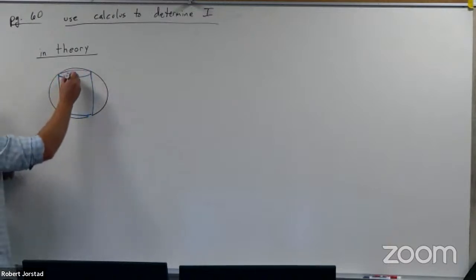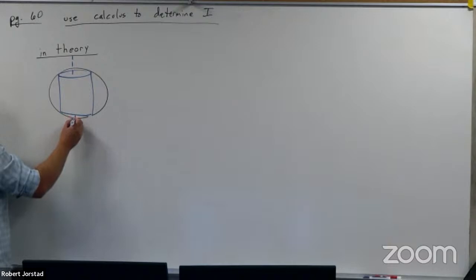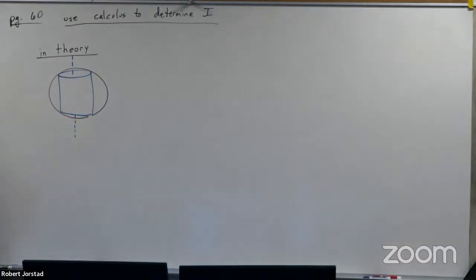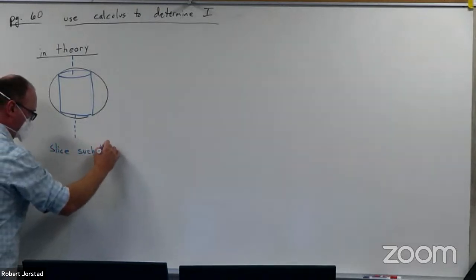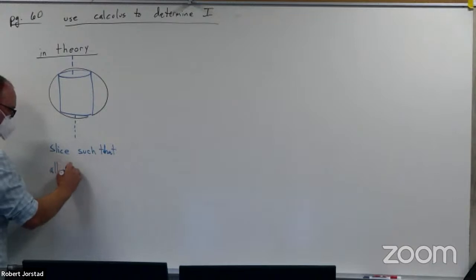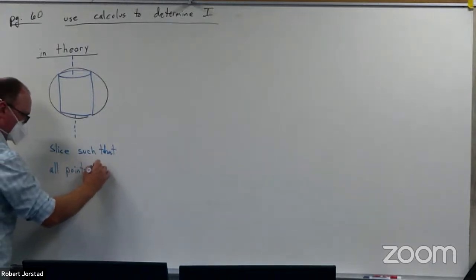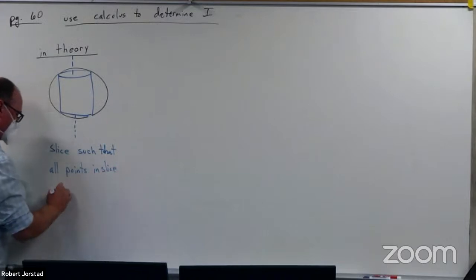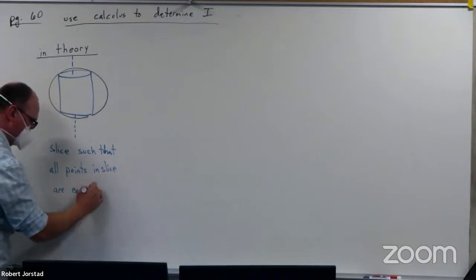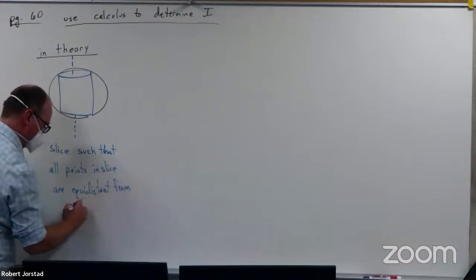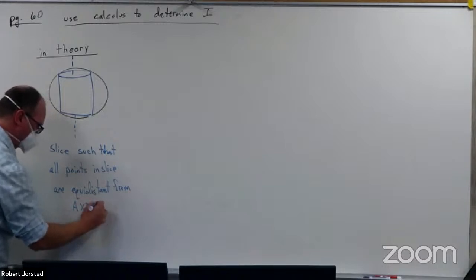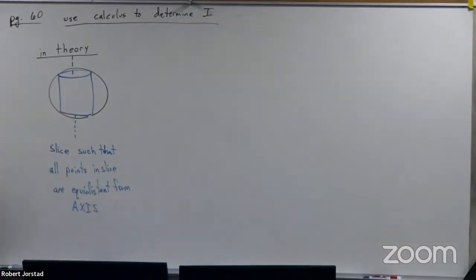The idea is there's going to be an axis of rotation, and what you want to do is slice up this object into cylindrical shells such that all points in a slice are equidistant from the axis.